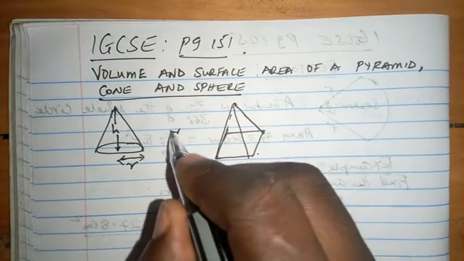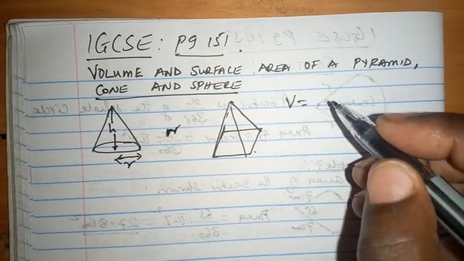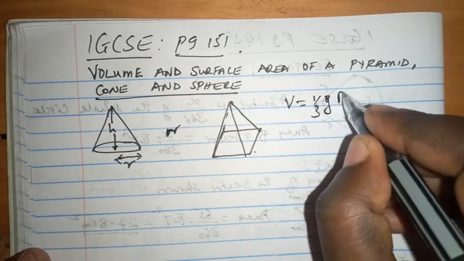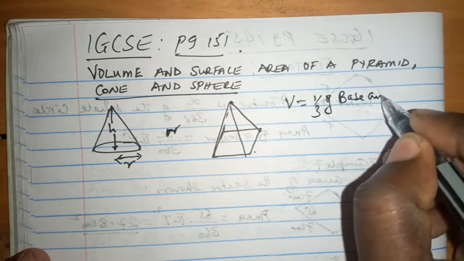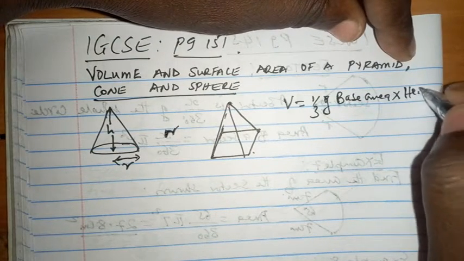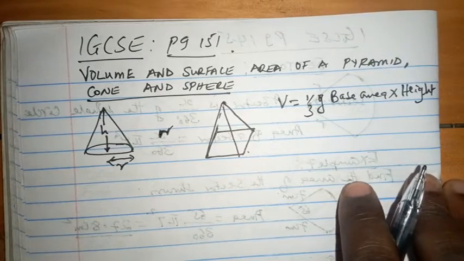And the volume is generally a third of base area times the height. When I talk about the height, I mean the perpendicular height.